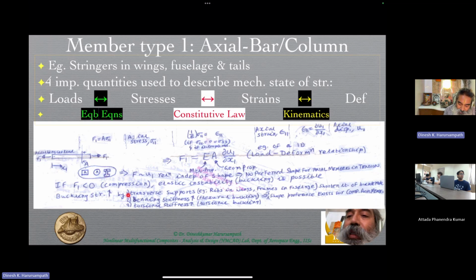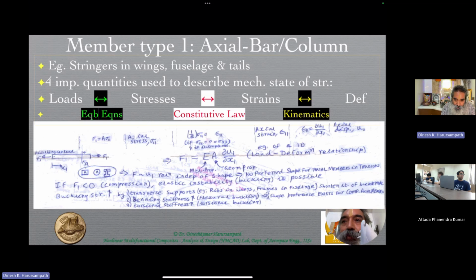So there are multiple ways in which the buckling strength can be increased. The first one is in terms of the transverse supports that we have, which are called ribs in the case of the wing or the tail, and bulkheads or frames or rings in the case of the fuselage. Now, if you space those rings close apart, then the possibility of buckling is reduced.